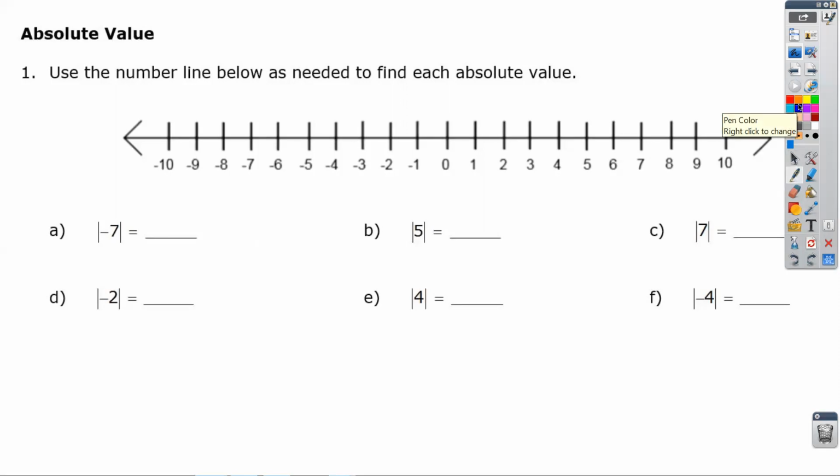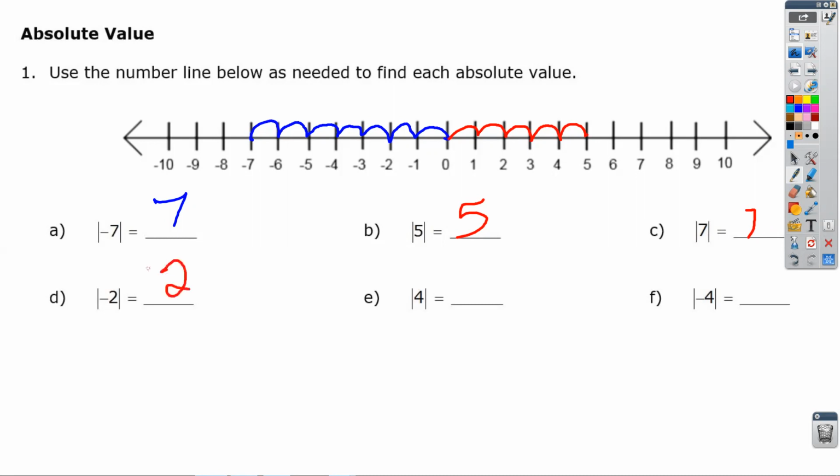So absolute value of -7. Well, if I'm at -7 here, it takes 1, 2, 3, 4, 5, 6, 7 jumps to get to 0. Absolute value of 5. Well, if I'm at 5, 1, 2, 3, 4, 5 jumps. So therefore, what's the absolute value of 7? Good, 7. What is the absolute value of -2?